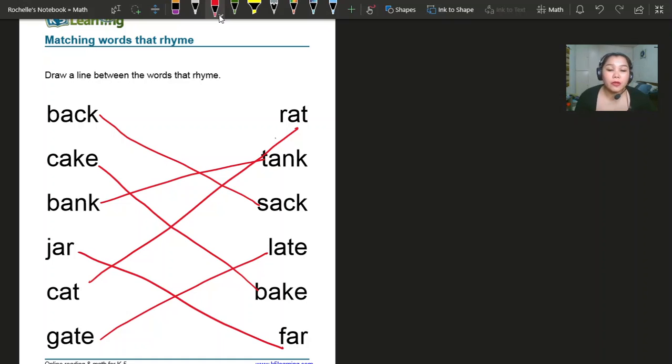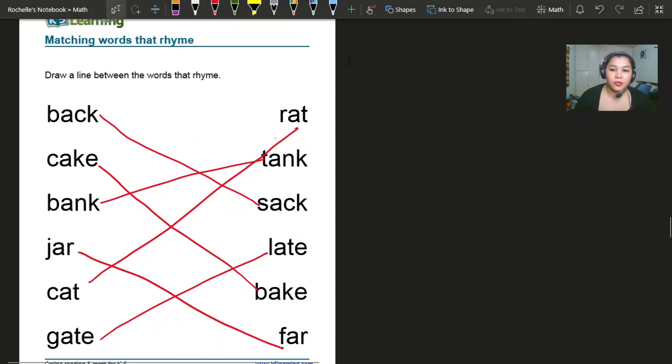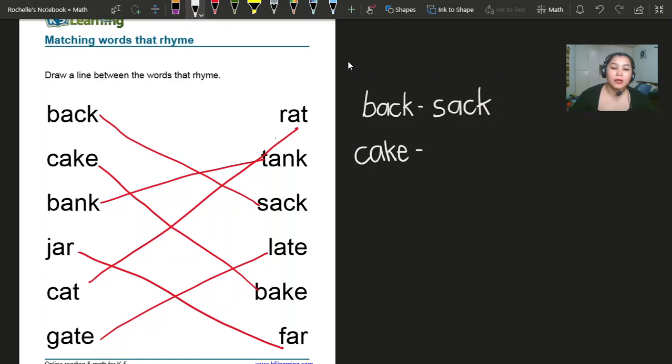Okay, try to read the words by pair of rhyming words. As you read, I'll also write them down here. So back, it rhymes with sack. So back, sack. Cake, it rhymes with bake.